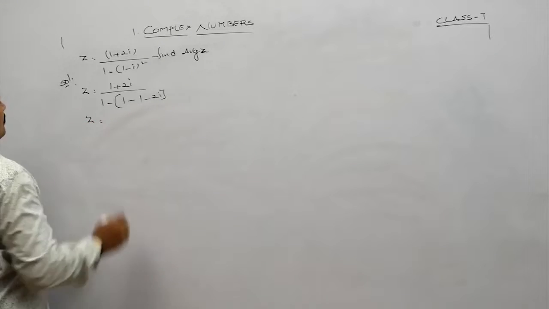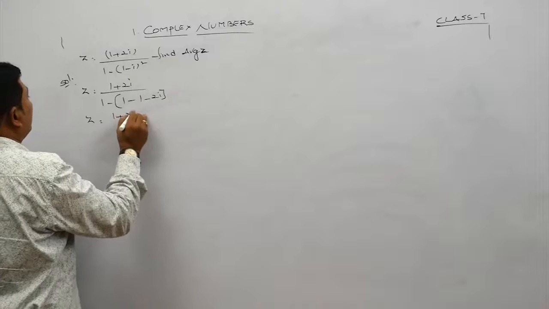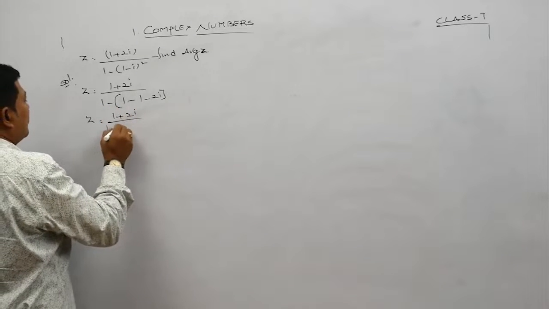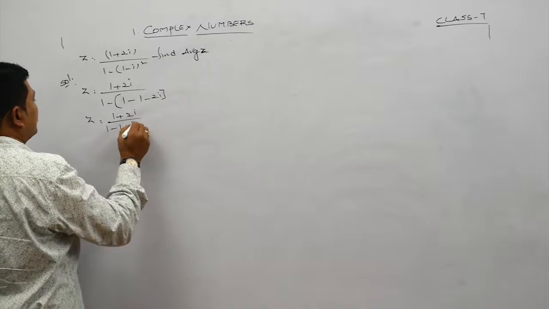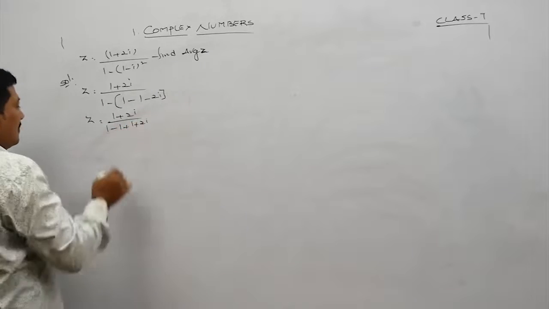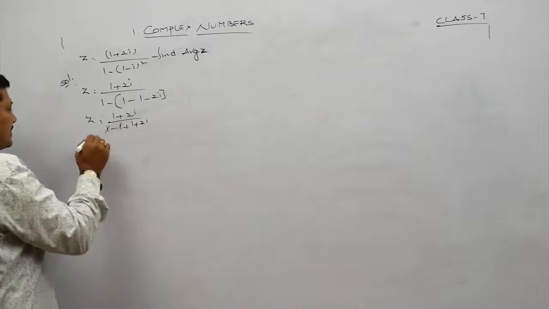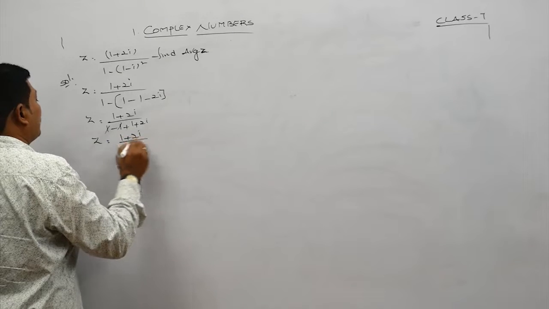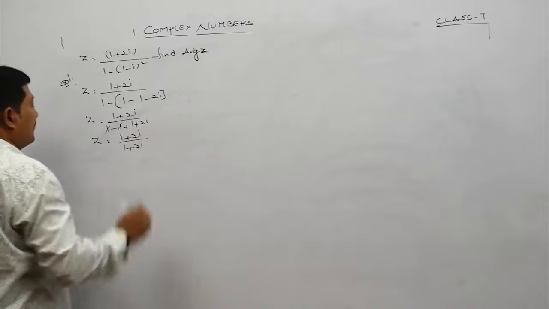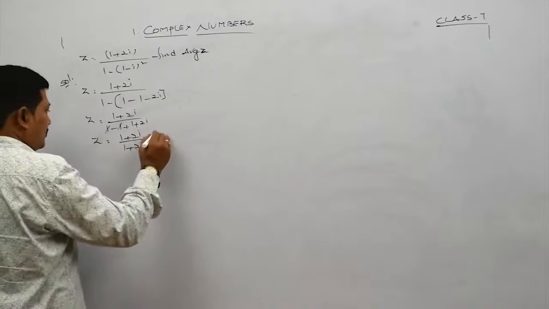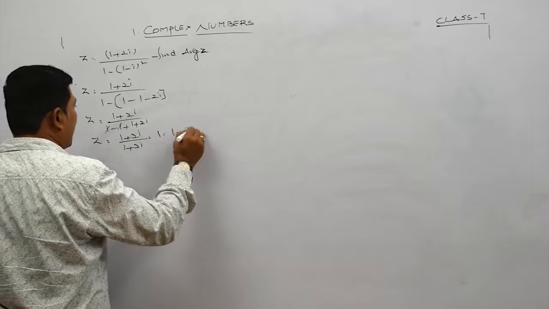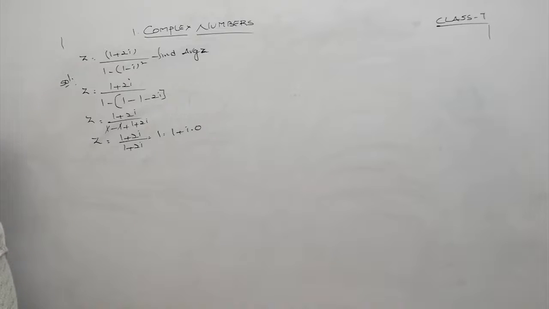So z is equal to 1 plus 2i by, the plus 1 and minus 1 cancel, 1 plus 2i. Numerator and denominator are equal, so the value is equal to 1. That is 1 plus i into 0, written in the form of a complex number.